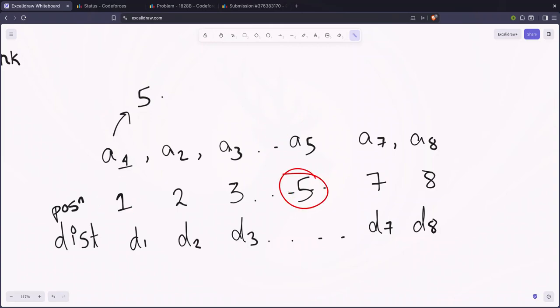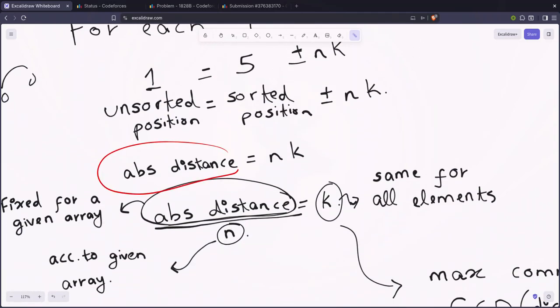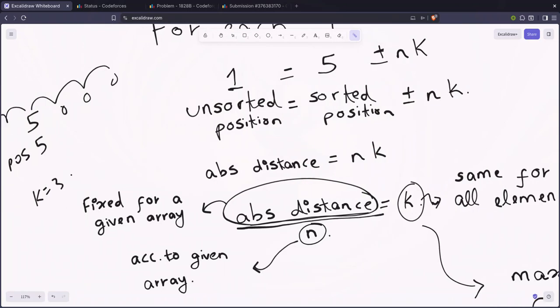So the difference between this is nothing but the absolute distance between where this should have been and where it is. We know where this should have been and we know where this is, so we can find the distance. So that is the absolute distance, right? The absolute distance will be equal to a multiple of k.